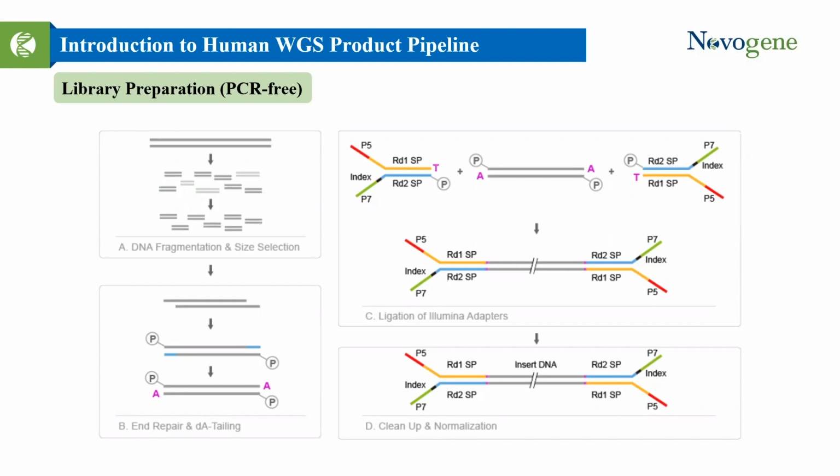And after this, we use the constructed library directly in the sequencing step without PCR amplification. And finally, we generate the library like the figure below. As we can see, the library in the PCR-free mode is completely different from that in the normal mode.